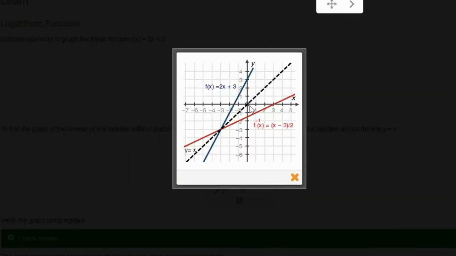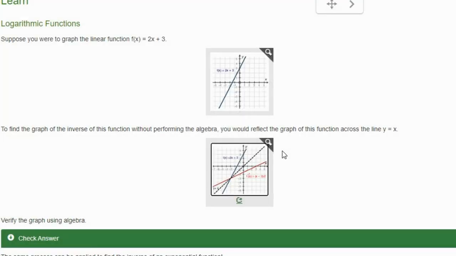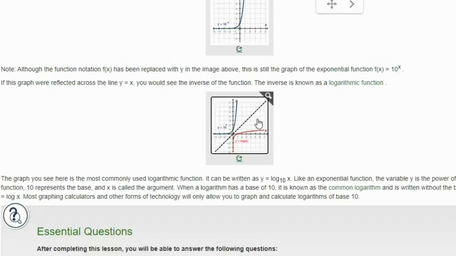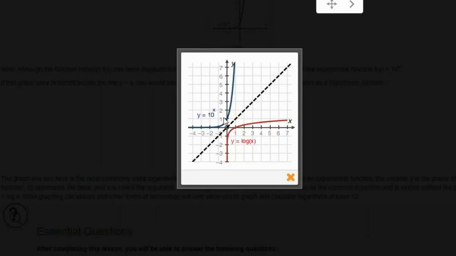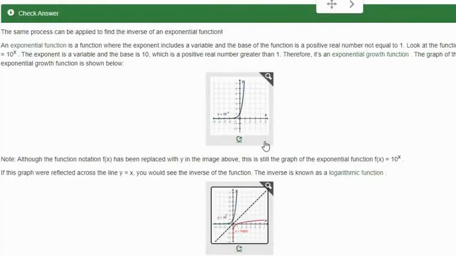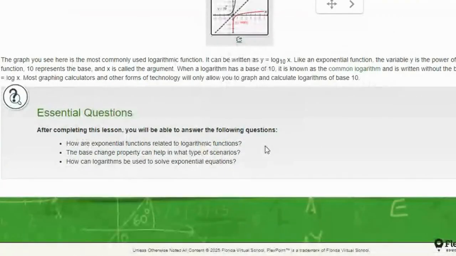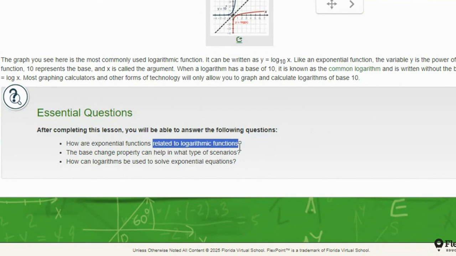So they were showing the same thing with this little graph right here of that linear equation, and then talk about the graph of the logarithm and the 10 to the x exponential equation. Same thing. I just showed it on the big Desmos. So we're going to learn in this lesson how exponential functions are related to logarithmic functions. We just learned they're inverses.